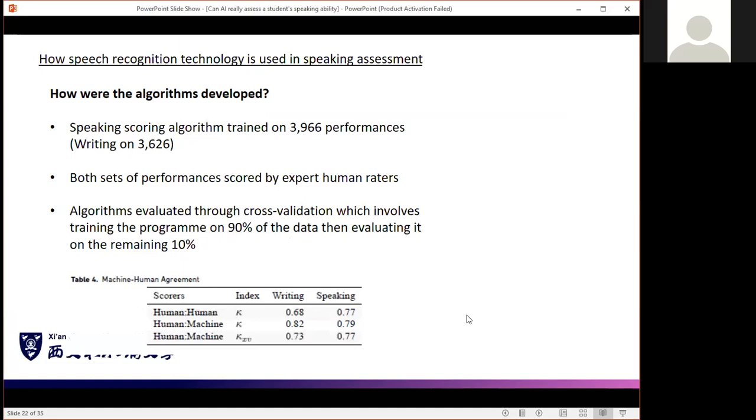And what was found was that the human-to-human agreement on the writing scripts was 0.68, which means 68% of the time two markers will agree on the score of a written script.